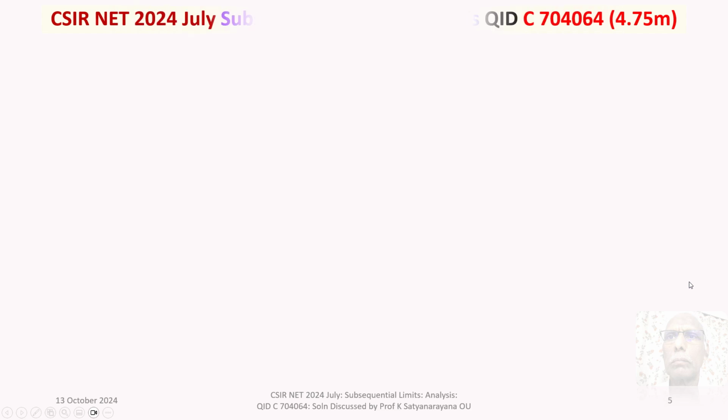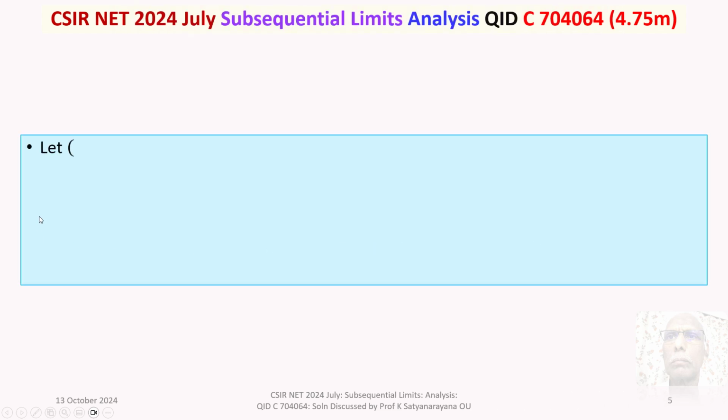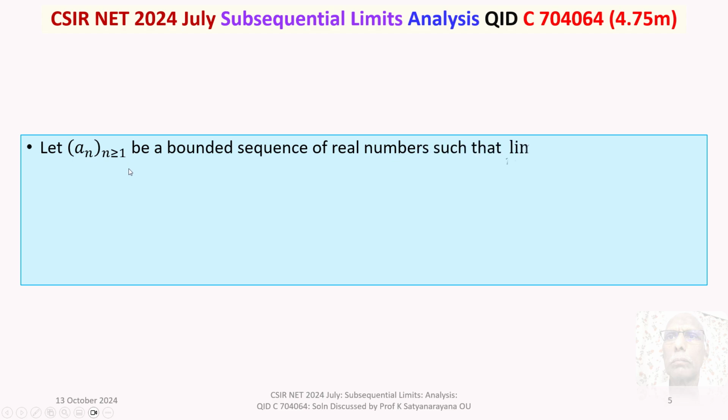Right. The given question is, let a_n, n greater than or equal to 1, be a bounded sequence of real numbers such that the limit as n tends to infinity of a_n does not exist. That means we have a bounded sequence of real numbers which is not convergent.